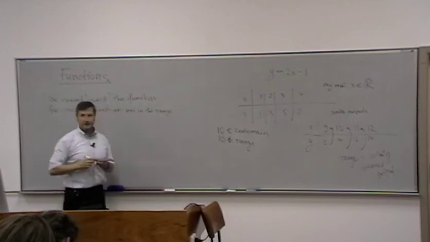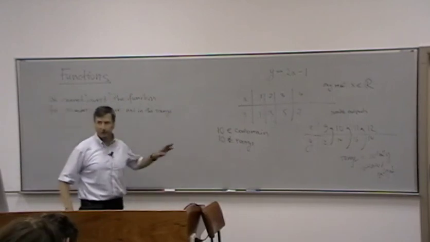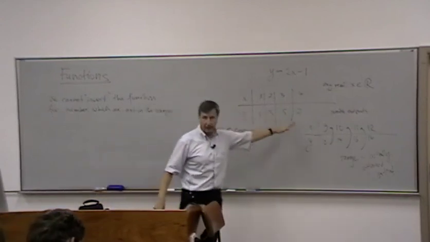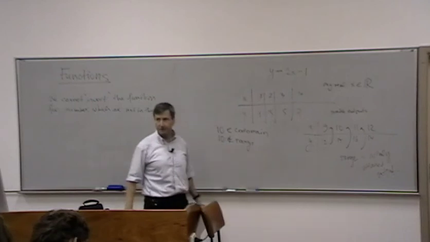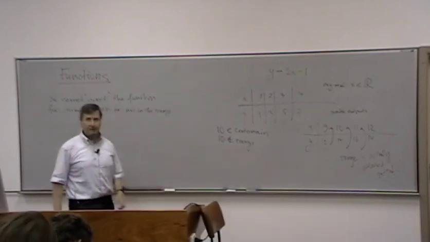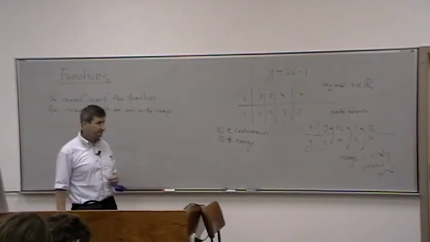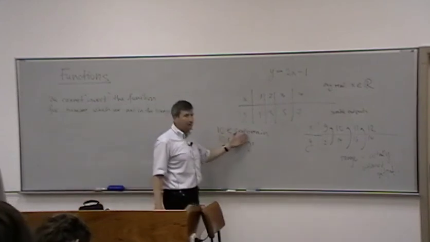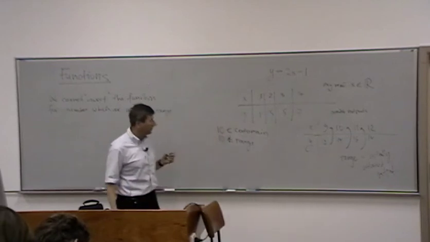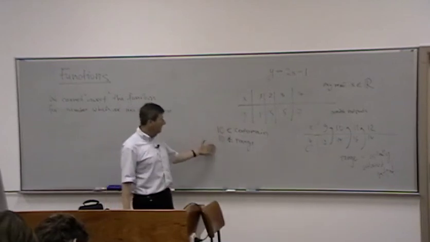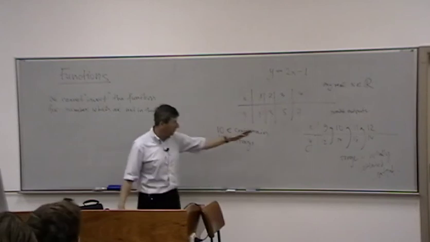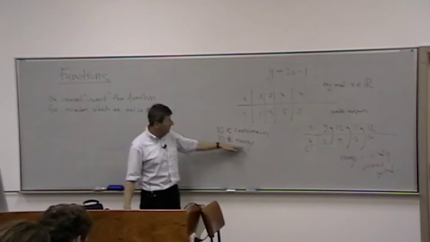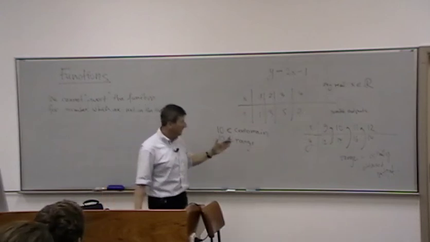And in this sense, it is often very natural to restrict the function just to the range, only consider those outputs which are actually in the range. So sometimes, without saying that, we will have the codomain either being just any real number and not caring much more about it, or we may, for certain purposes, when we want to invert a function, when we want to go the other way, then we may just assume that the codomain is the range.